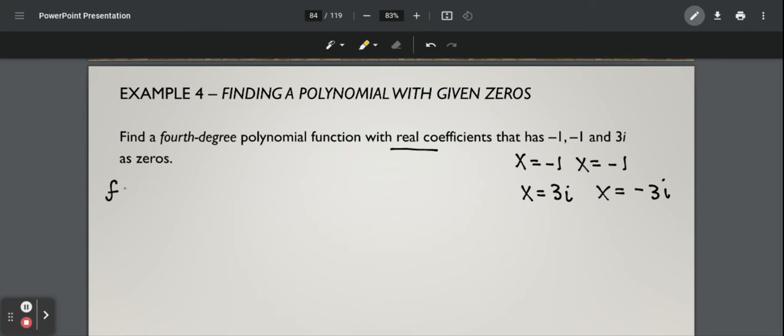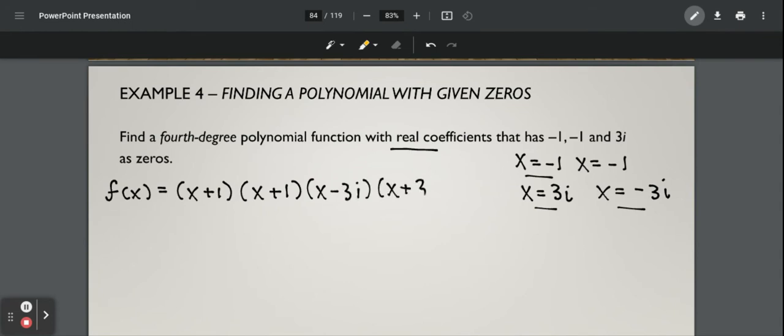Now we're going to write this as factors. So x equals -1 becomes the factor x plus 1. The other x equals -1 will become another x plus 1. And then for the others, we would have x minus 3i and x plus 3i.